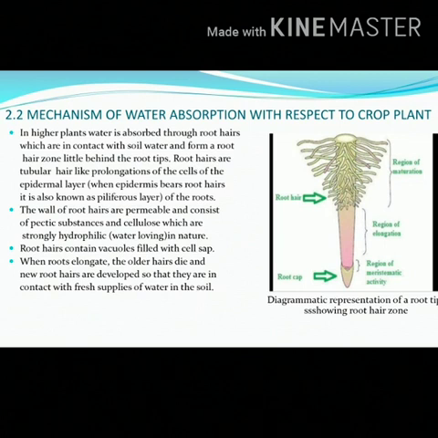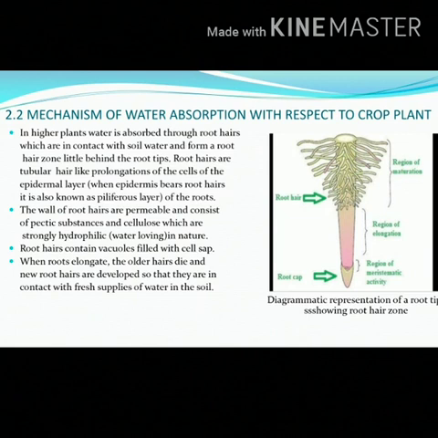There is a region of elongation in between the meristematic region and the region of maturation. What is the role of that region? This elongation region is responsible for root elongation. When the root elongates, the older root hairs die and new root hairs are developed in this region so that they are in contact with a fresh supply of water in the soil.